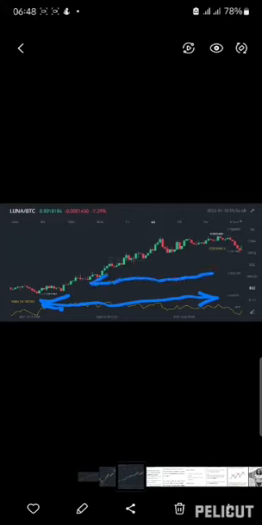Let's say this is a resistance level here, this is a resistance level here. When the price hits this level, or any resistance level, it is bound to either pull back or just range a little. It's either it pulls back or it ranges.